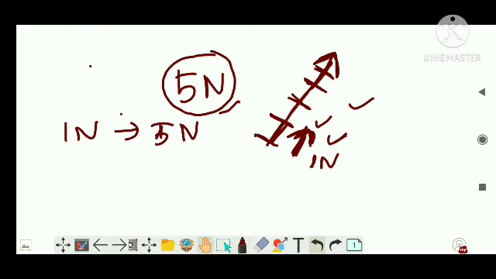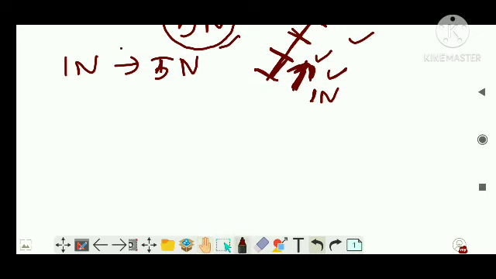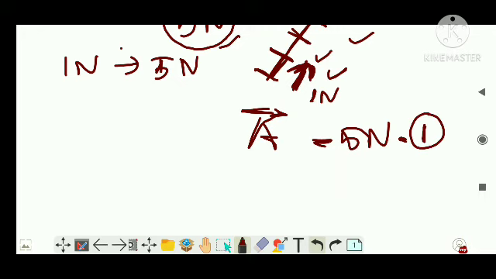That means if I write a vector as 5 Newton, then 1 Newton, I can write 5 into 1, right? So this 1 is 1 Newton. Then 1 Newton is named as unit vector, and I can write it as a cap.